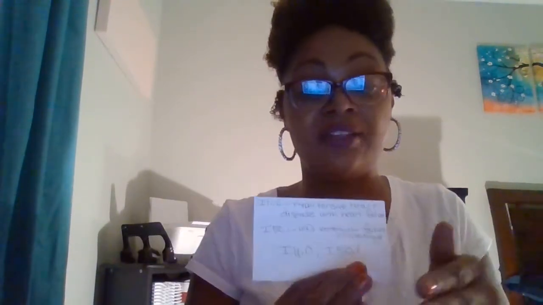The only time that you will not code it as linked together is if the provider has specifically documented that it is not a result of the hypertension. If they specifically say, yes, this person has chronic kidney disease, but it's not because of high blood pressure. But if they don't say it's not because of, then you assume that the hypertension and the CKD, or the hypertension and the heart failure, are automatically linked and related.